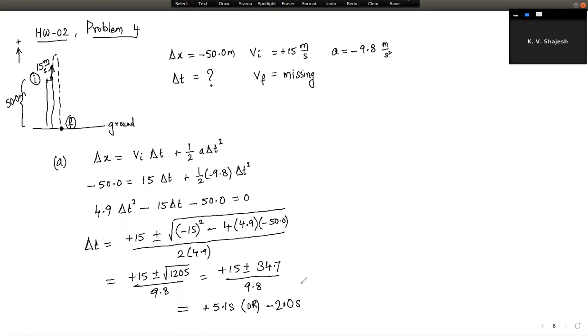Both answers are possible mathematically, but we know that the stone starts its journey at t equal to 0 from the top of the roof, so it has to reach the ground at a future point that is positive. So the solution is plus 5.1 seconds. So that's your answer.